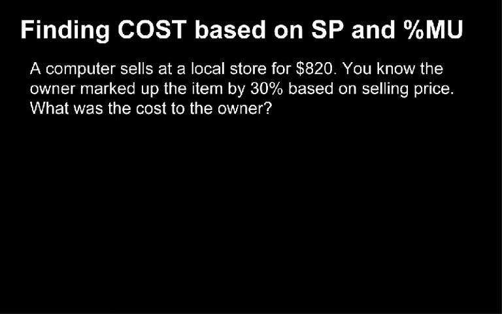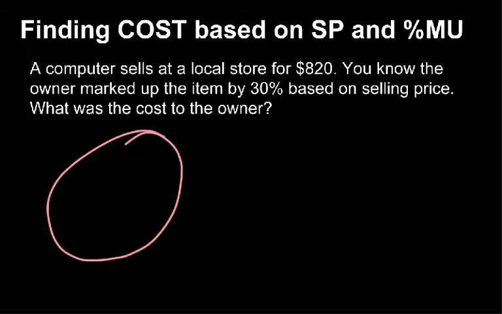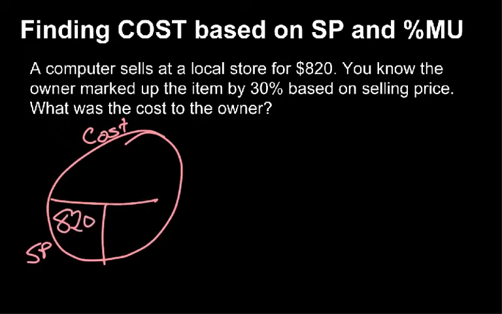So we are making a PBR circle, and we're going to be finding cost, which is going to be this top one. So if we know our selling price, which in this case is $820, and we know our percent markup, now we have to think here, the 30% is the markup. So what is the cost?